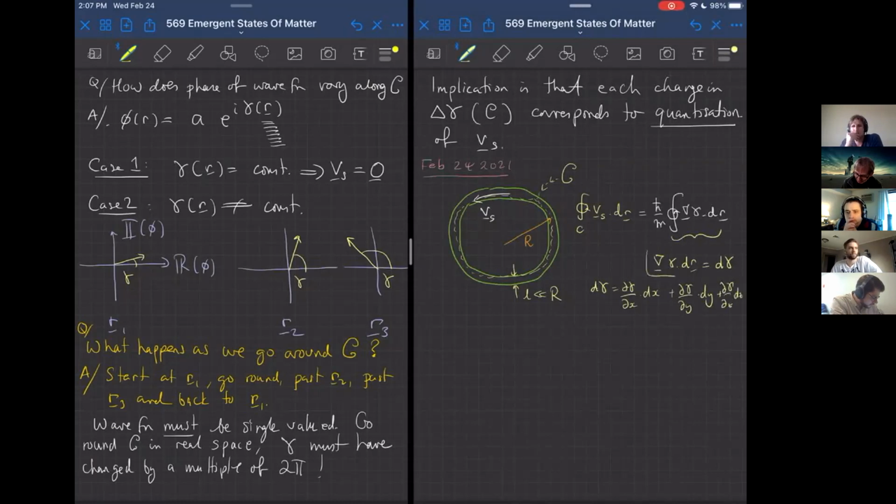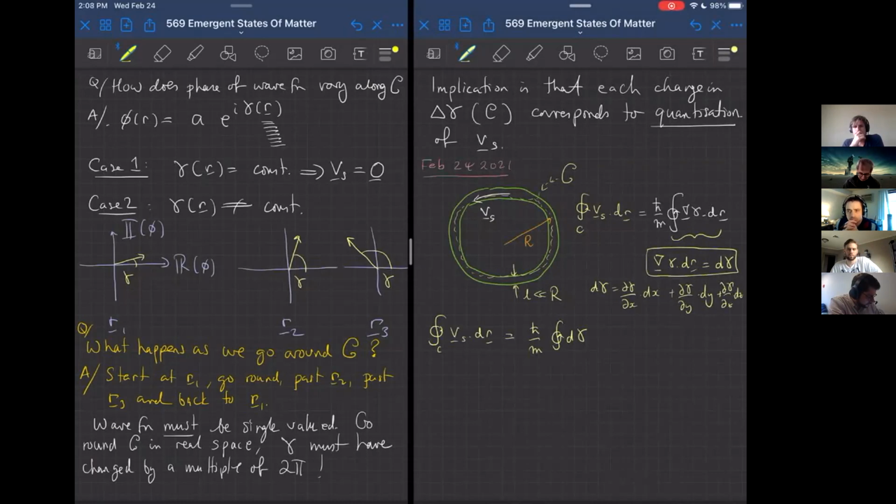So that's just grad gamma dot dr, and grad gamma dot dr is just d gamma. And so what we have then is that the line integral around this curve of Vs dot dr is equal to h bar over m times the change, as I go round here, of the phase d gamma. And what we're saying is that this is a multiple of 2 pi.